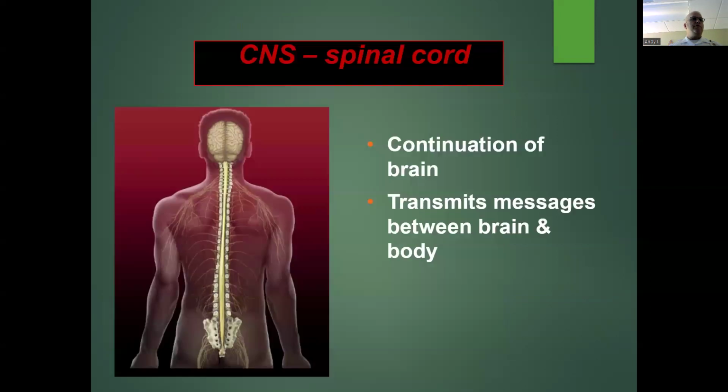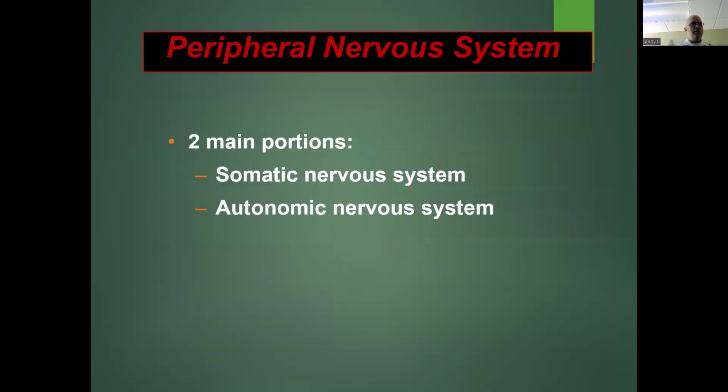All right, moving down from the brain, we're going to talk about the spinal cord and the central nervous system. This is a continuation of the brain. This transmits messages between the brain and the body. In the peripheral nervous system, we have two main portions. We have the somatic and the autonomic nervous system.